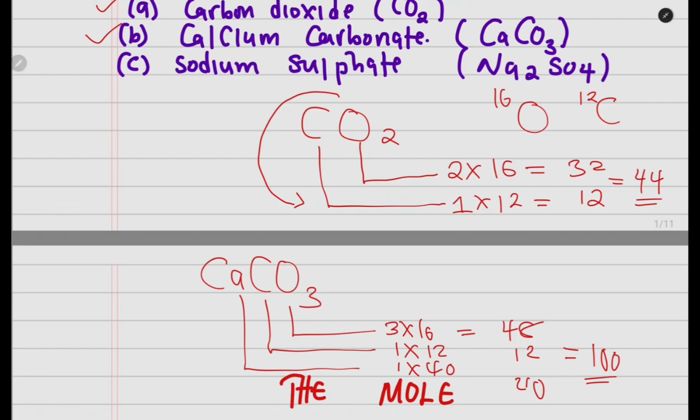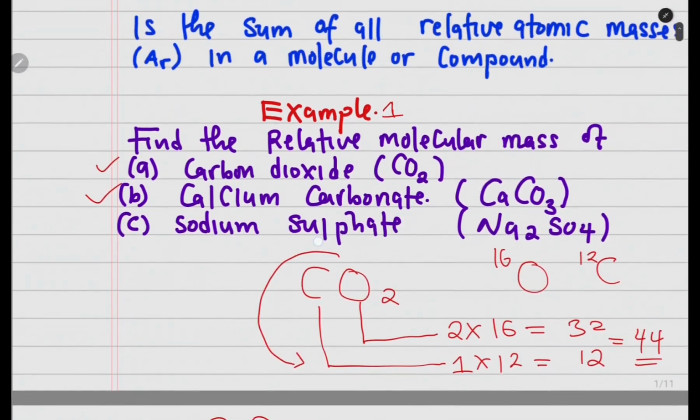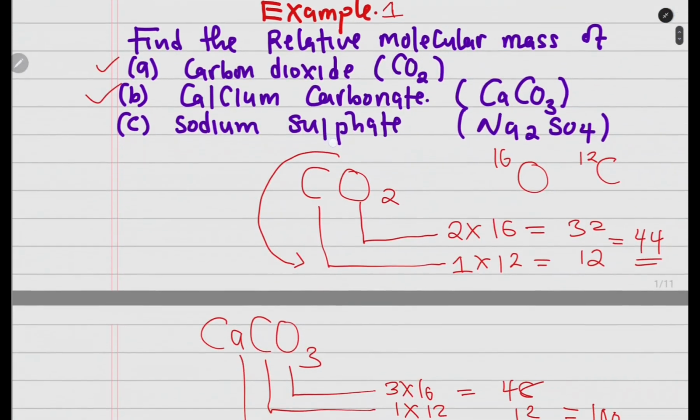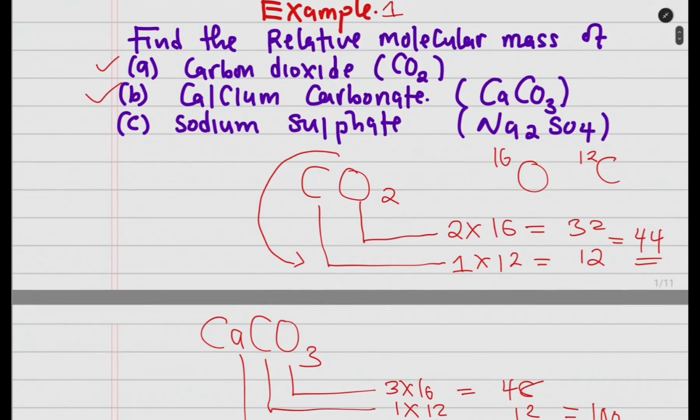All right. So we've looked at example 2. And I guess you are following and you understand what we are doing so far. Okay. Then now, let me give you this one. So this is example number 3, that is C, on relative molecular mass, sodium sulfate.